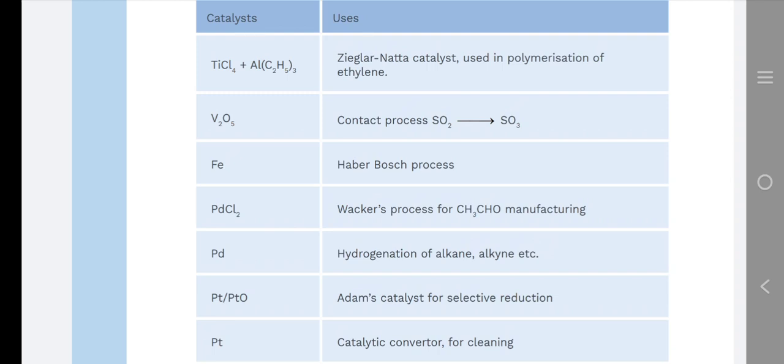Catalytic properties. D-block elements and their compounds are known to act as good catalysts as they have variable oxidation state. They provide a new path with lower activation energy for the reaction and form unstable intermediate compounds.